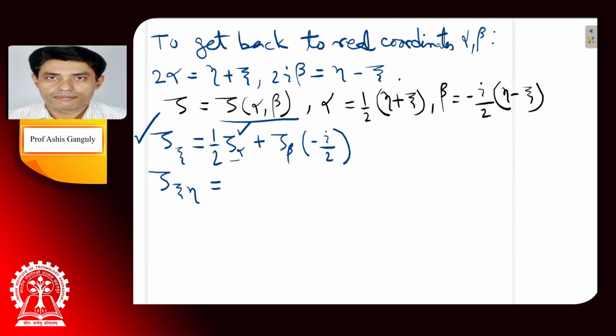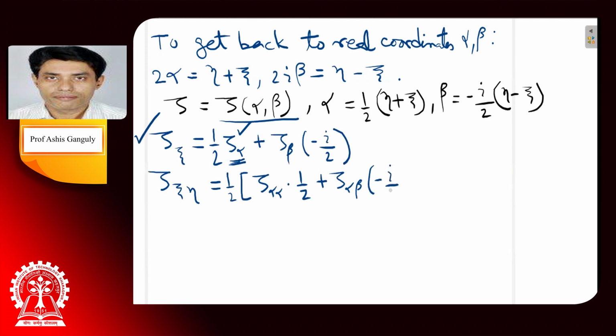Okay, so from here only two terms will come. You can compute it very easily, like zeta alpha alpha into half will come, okay, del alpha del eta plus zeta alpha beta will come. Okay, from first term only, zeta alpha beta will come. And then del beta, because you are differentiating partially with respect to eta, so del eta will come.